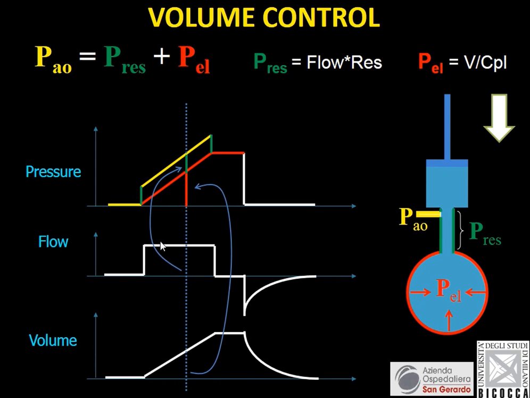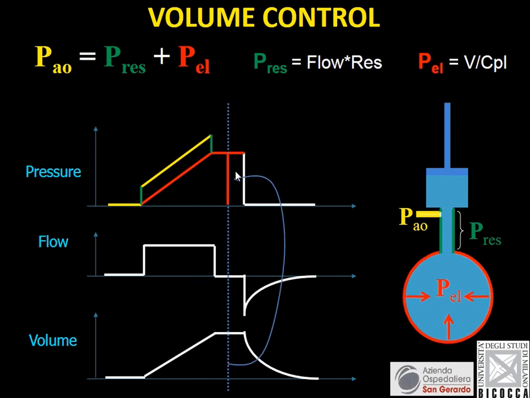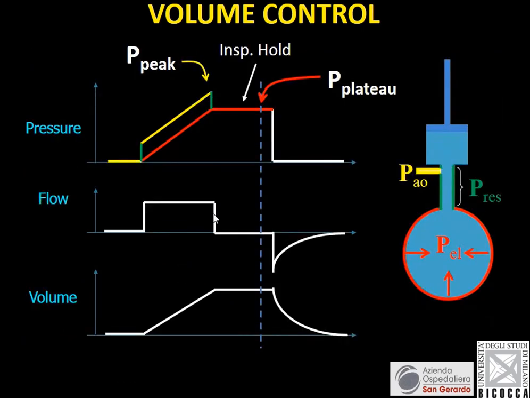The volume is increasing, the lungs, the respiratory system is expanding, and so the elastic recoil pressure is increasing. As soon as the inspiration goes on, we might have a moment in which the flow is zero, and so the pressure we read in the respiratory system, the so-called plateau pressure, is just the expression of the elastic recoil of the respiratory system.